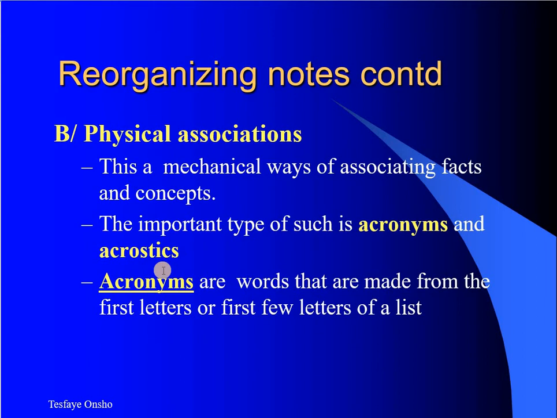Acronyms are made from the first letters of words, like UNICEF, UN, EU, and so on. We don't have to remember everything, and some of them are global. If you say UNICEF or UN or UNHCR, nobody asks what that is.